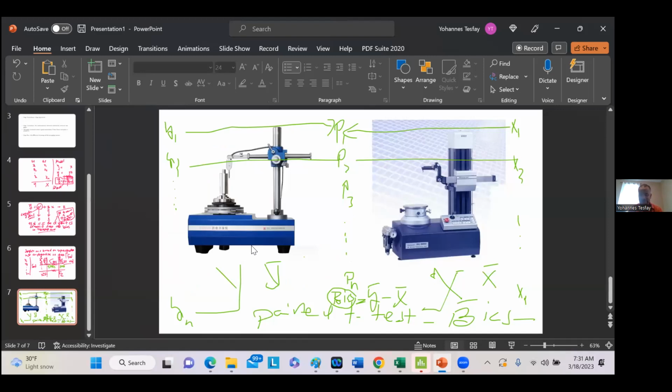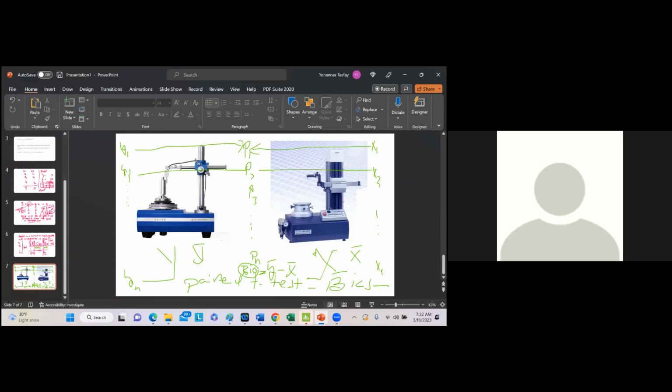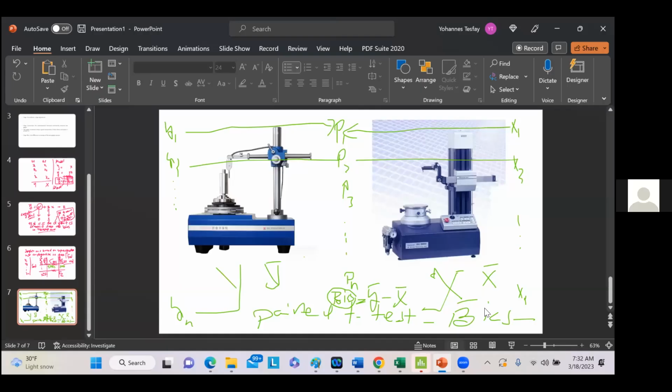The way it organizes the reading is different. That's why we call it X and Y. Maybe the reliability of the machines. What does this mean? The reliability of the machine, how reliable the reference machine is, does not affect it.